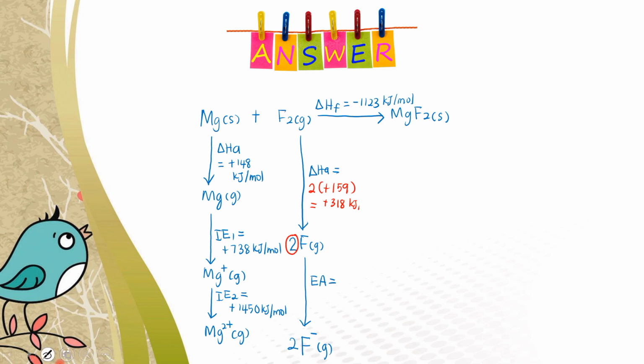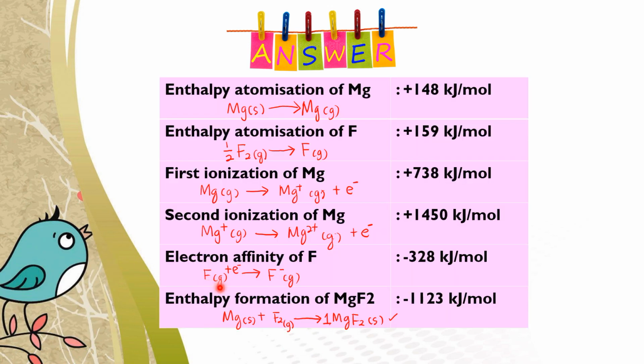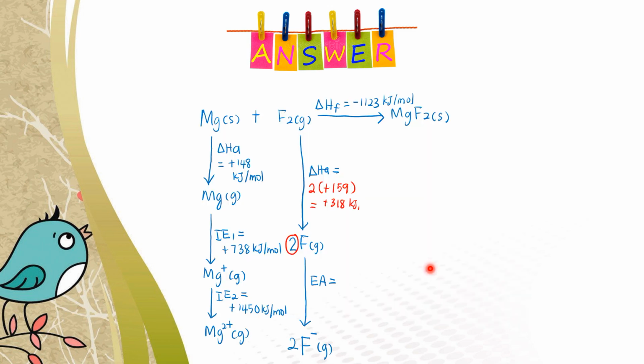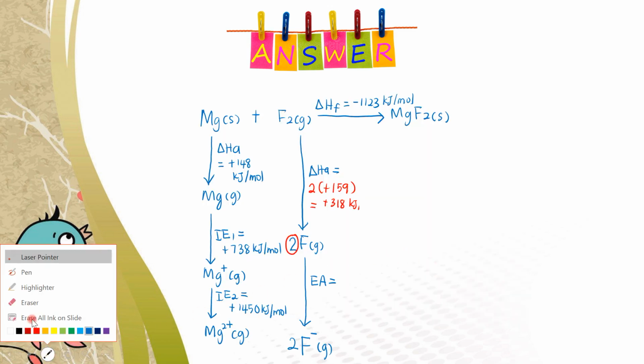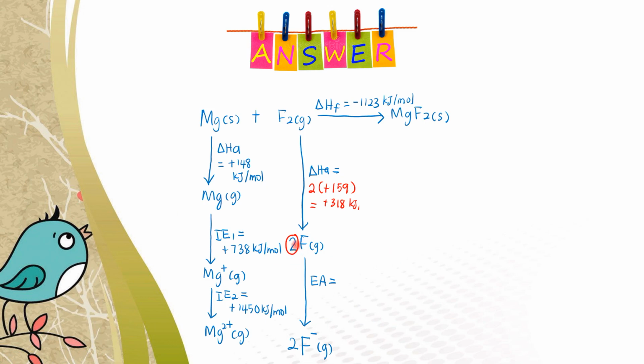Referring to the previous slide, 1 F atom in gas accepts 1 electron and produces F minus gas. The value here is negative 328 kilojoule per mole. However, in our Born-Haber cycle, we need 2 moles, so EA also you have to times 2.